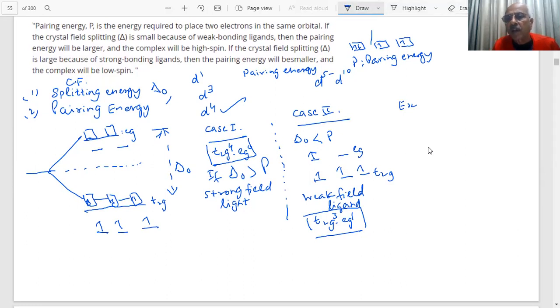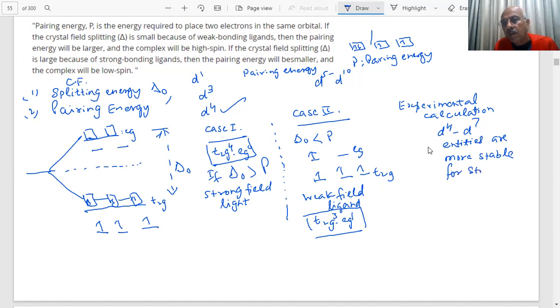What we are saying, students, experimental calculations have been made. And on that basis, students, it was observed that D4 to D7 entities are more stable, students. They are more stable for strong fields than weak fields.